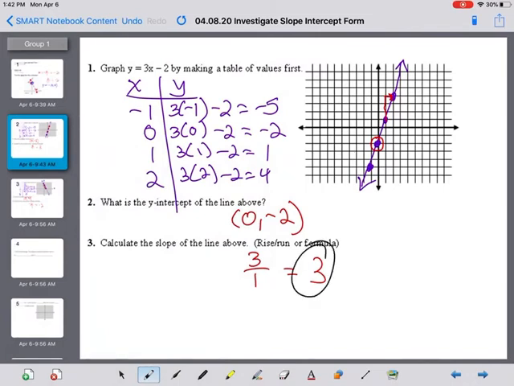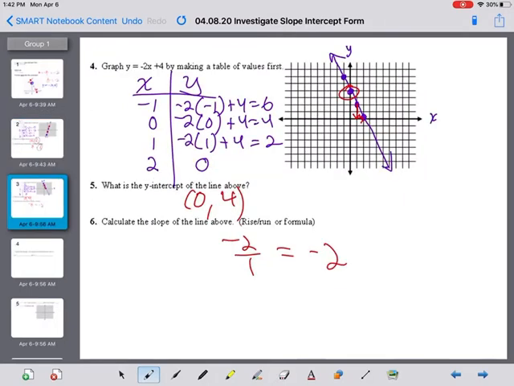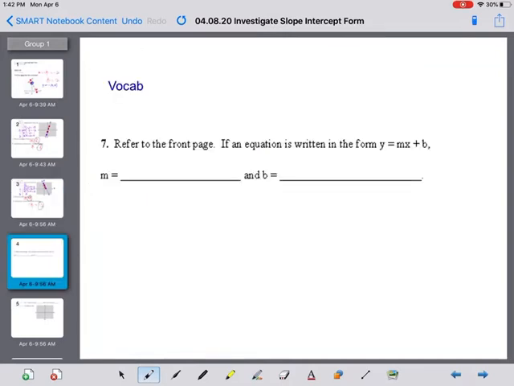Oh, very interesting. The slope is the number multiplied by the x. The y-intercept, or the y-coordinate of the y-intercept, is the constant term. Let's check with this one. Same thing. The y-intercept, oh, there it is. And then the slope is multiplied by the x.